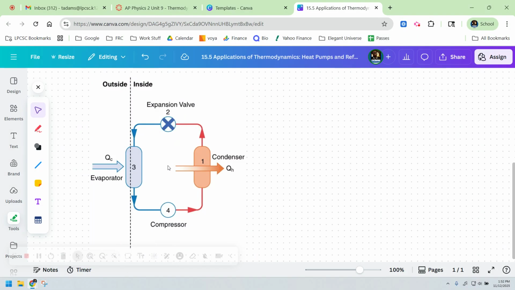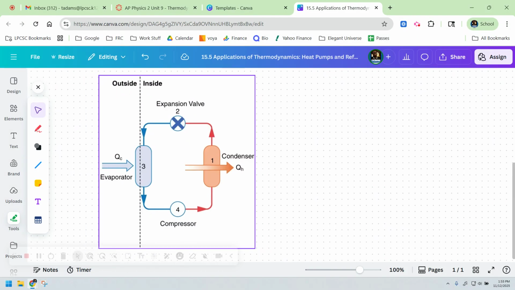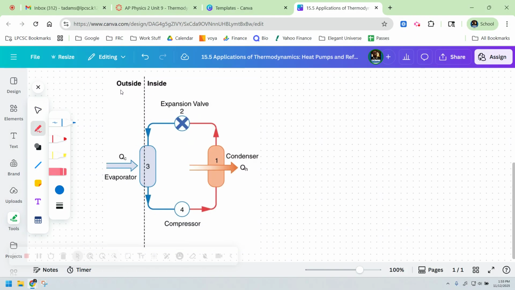So they're using a coolant, which is a liquid at a certain temperature, and they go through this process. It starts at the condenser and works its way around here, and just keeps repeating, and really what it's doing is extracting heat out, right? So outside, normally that is going to be a little bit cooler than the inside of the house. Okay, why? Because the evaporator is blowing air, right?